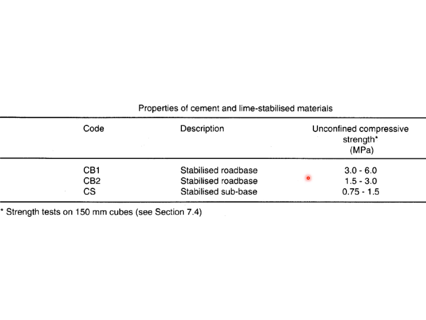For CB1, the unconfined compressive strength in megapascal is from 3 to 6 MPa, and for CB2 1.5 to 3. Here you can see that unconfined compressive strength rests on 150 millimeter cubes. That means 150 millimeter cubes are prepared, and this unconfined compressive strength test will be performed on those special cubes.